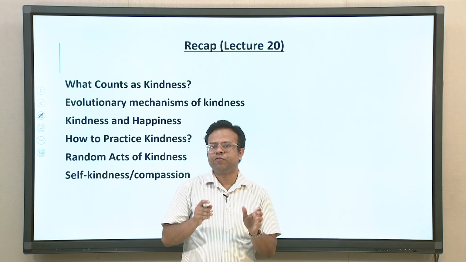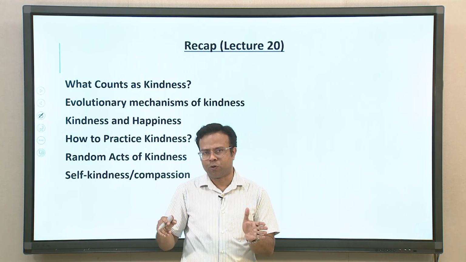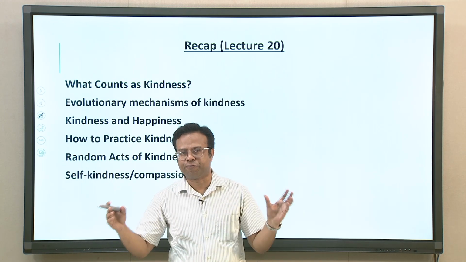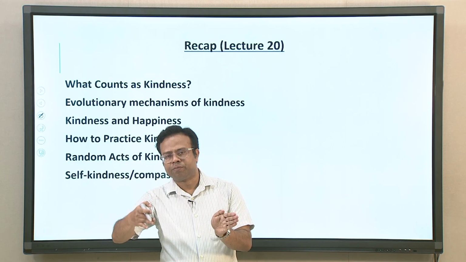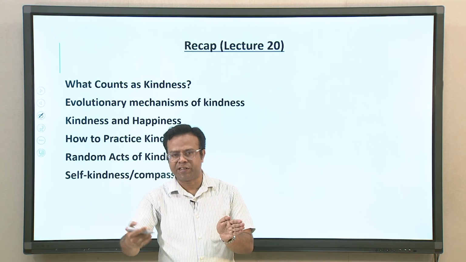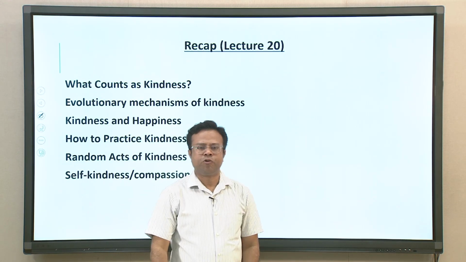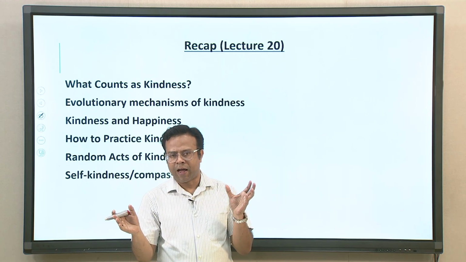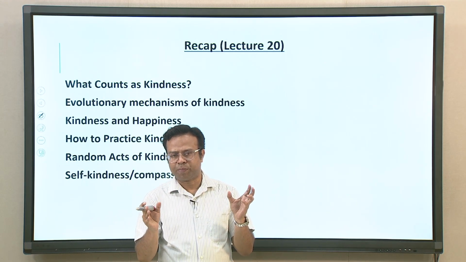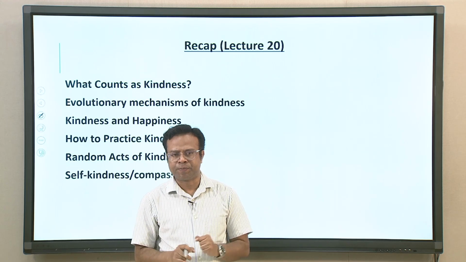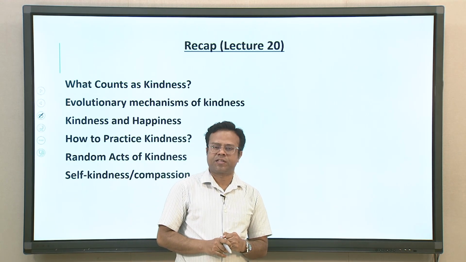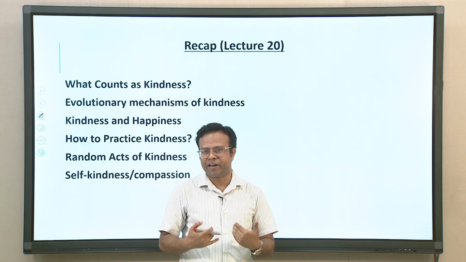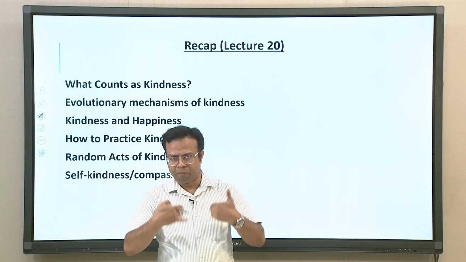We also discussed evolutionary mechanisms of kindness, what the different evolutionary forces are, and how they facilitate kindness behavior. We also discussed how kindness and happiness are connected, the concept of random acts of kindness, and at the end the concept of self-kindness or self-compassion.